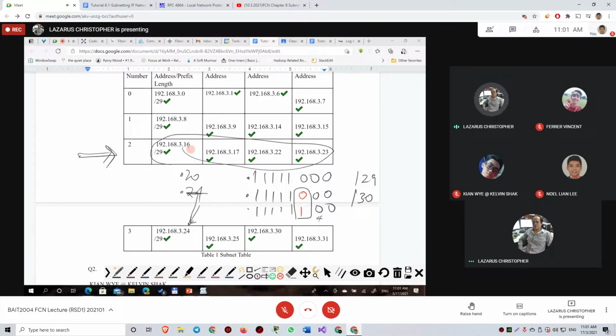So the range is from 16 to 20, 20 to 24, 2 subnets. 23 is the broadcast address for the subnet at 20, and the usable range is 21 to 22.